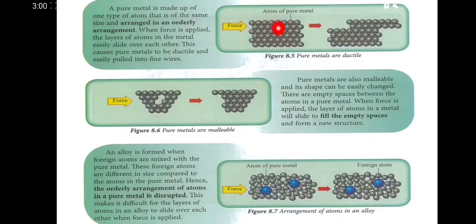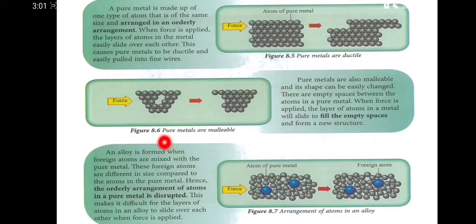For example, here, Figure 8.5, pure metals, when force is applied, the layers of atoms will easily slide over each other. Sebab size dia punya atom sama dan arrangement dia pun orderly. So, this causes pure metal to be ductile and easily pulled into fine wires. So, dia adalah ductile.